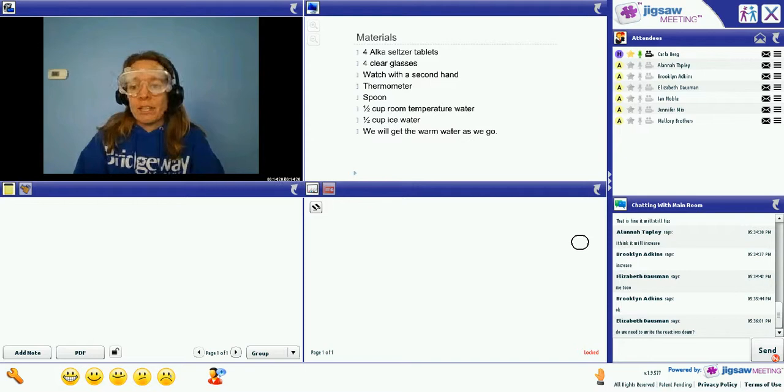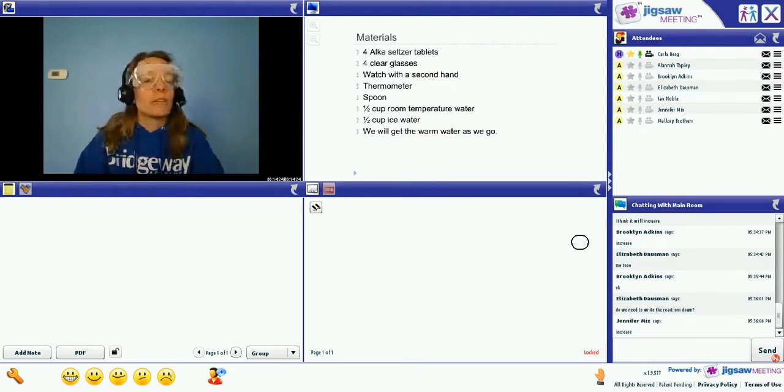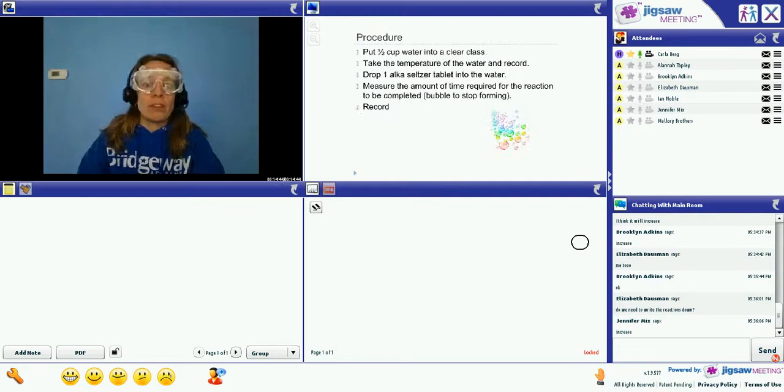Our materials, which you still should have. No, you don't need to write the reaction down, Elizabeth. We should have 4 Alka-Seltzer tablets, 4 clear glasses, a watch with a second hand, a thermometer, a spoon, room temperature water and ice temperature water, or ice water, and then the warm water you should have gotten already.